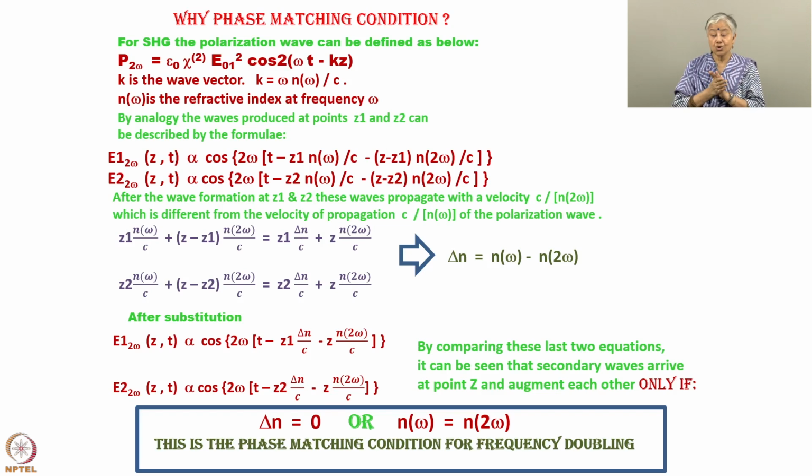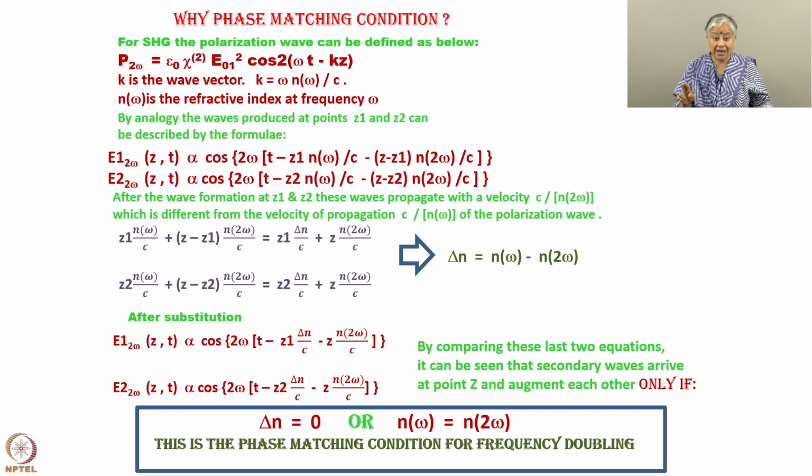Now, I want to know what the phase of all these small secondary waves reaching the point Z looks like. What are the phases of those secondary waves like? Okay. So, all the waves formed at Z1 and Z2 propagate with the velocity c upon n 2 omega, which is different from the velocity of propagation c upon n omega.